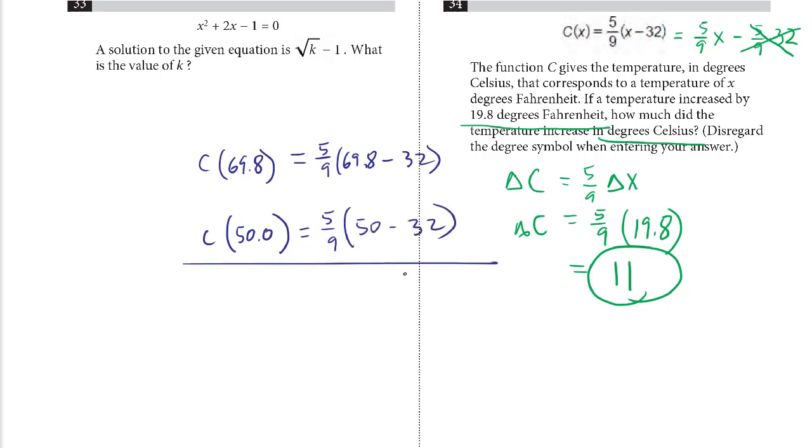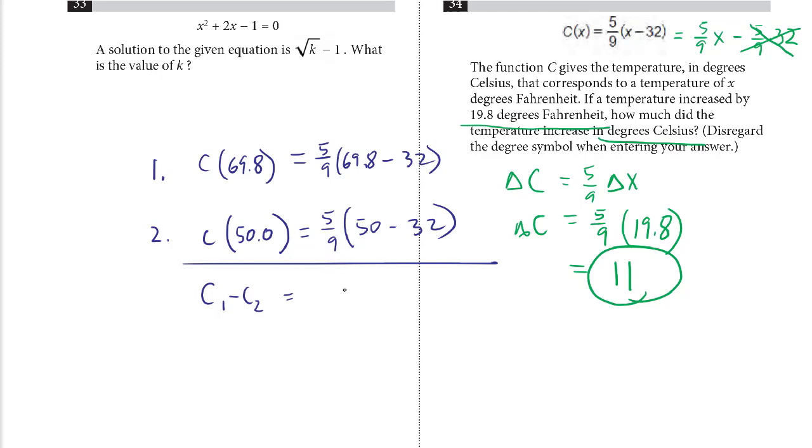And I could take the difference of these two equations, almost like we do in elimination. The change of Celsius, C, call it 1, if we call this equation 1 and this equation 2, C1 minus C2 equals 5/9 times 69.8 minus 32 minus 5/9 times 50 minus 32.